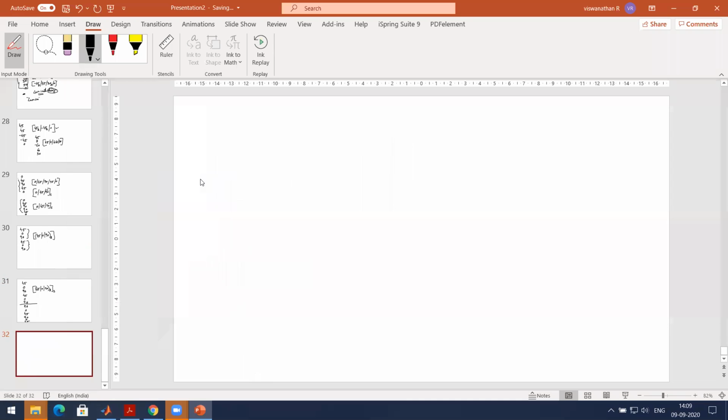So we assume the material properties to be the same. What is the meaning of that? Sir, what if the case is 45, 0, 90 and 90, 0, 45?